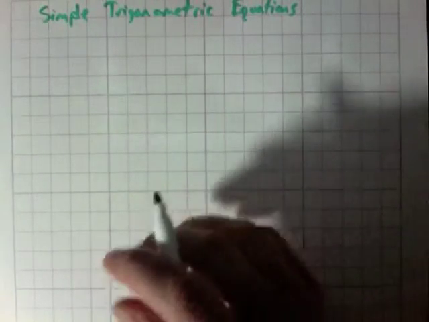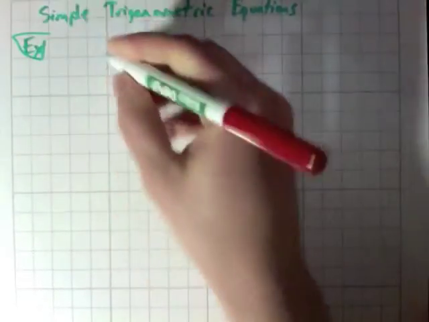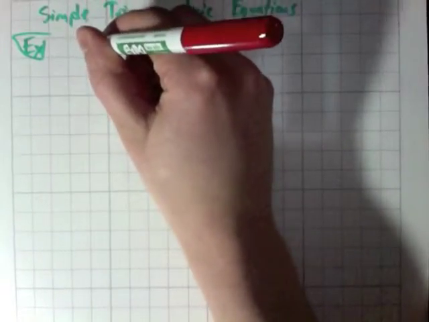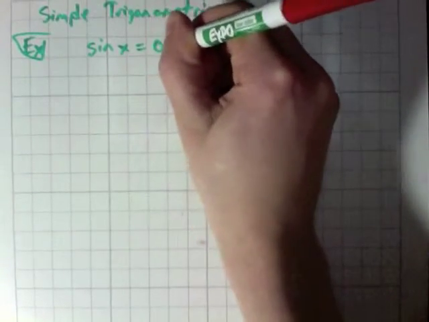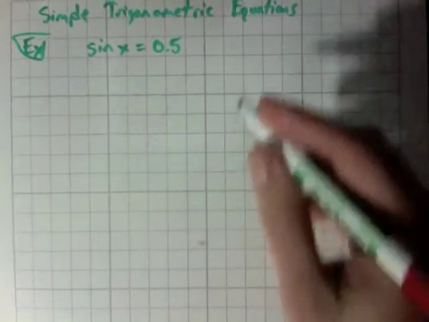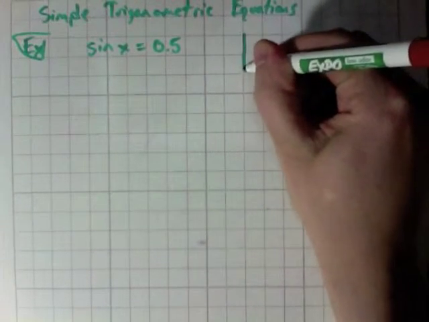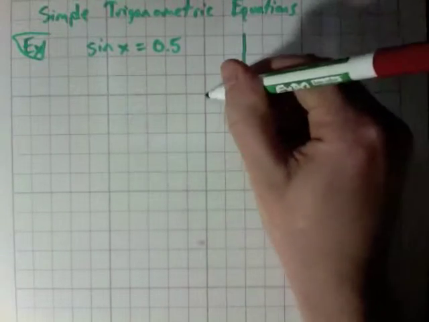We're going to start by looking at an equation. If I wanted to solve the equation sine of x equals 0.5, we'll consider the graph of sine.